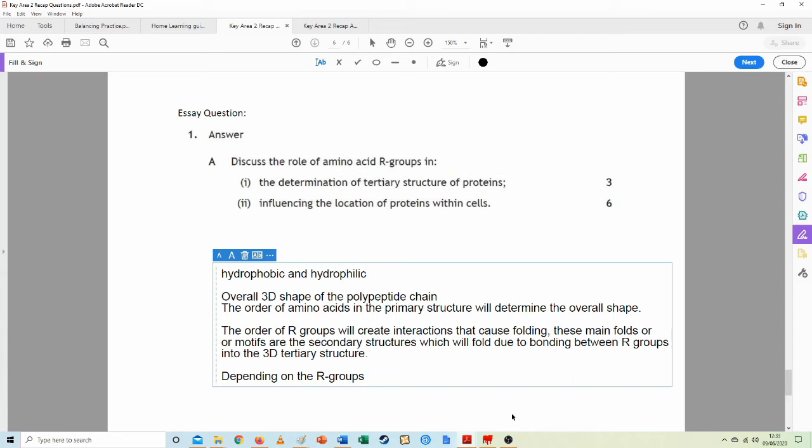Depending on the R groups, different types of bonding will occur, and list them.